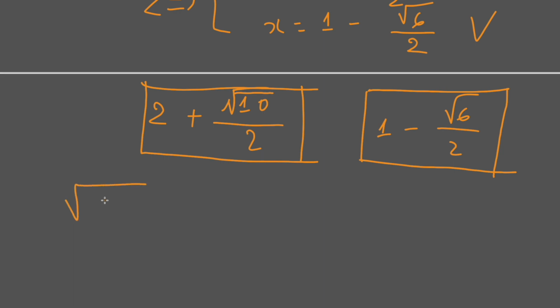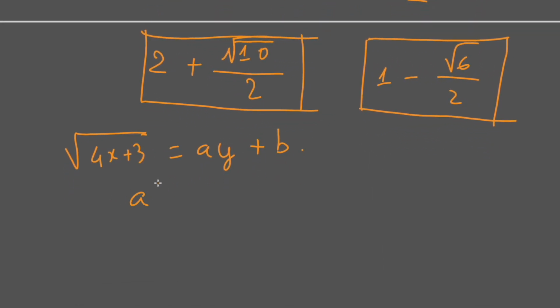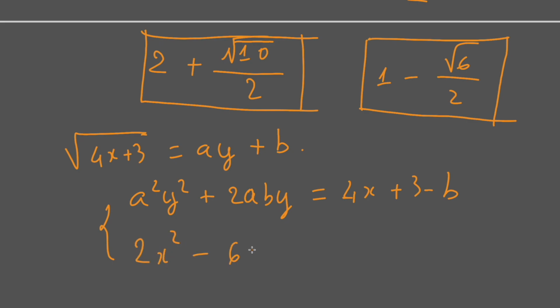So we just put the square root of 4x plus 3 equal to ay plus b. And then we convert it to a squared y squared plus 2aby plus b squared equal to 4x plus 3. And for the equation we have 2x squared minus 6x equal to ay plus b.